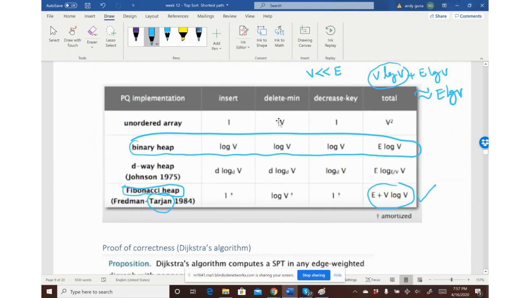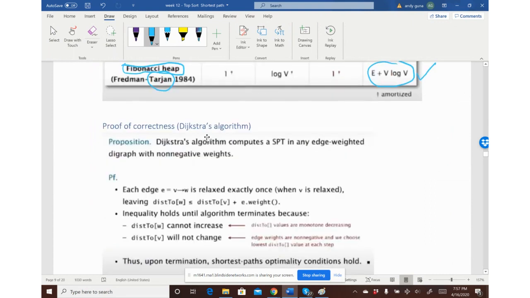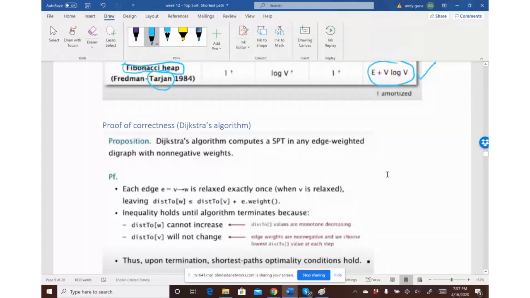The last thing I want to tell you is there's a proof of correctness. In other words, how do we know Dijkstra's finds the shortest paths? One important thing about Dijkstra is that in order to use it, all the weights have to be non-negative. You couldn't have negative weights. You might imagine a graph having a negative cost.